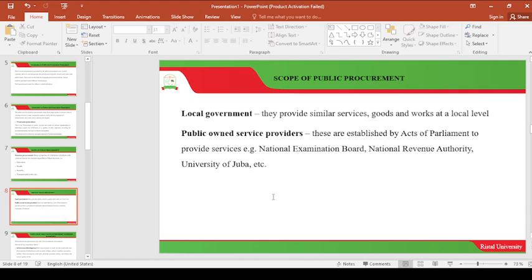The other part is the local government. The local government provides similar services, the goods and works at a local level. For example, in the case of South Sudan, the local government can be under the states.